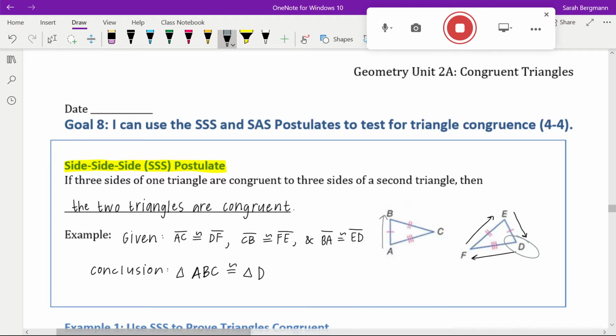So from A to B and then to C, I must go in the same order for D, the other triangle. So I did the side with 1 dash first. So I'll do D to E first. And then going back around my triangle, I'll go to F next.